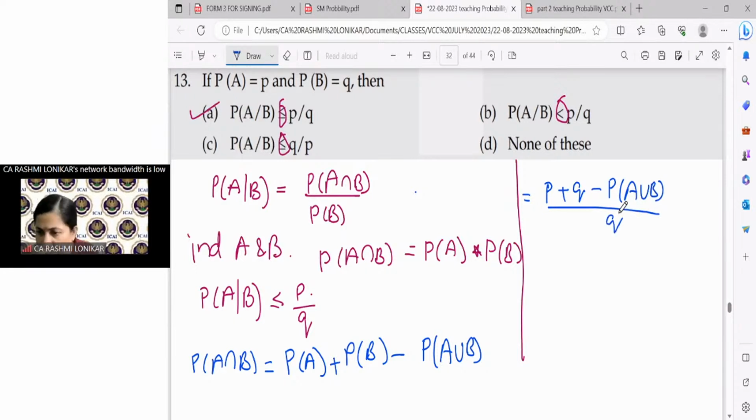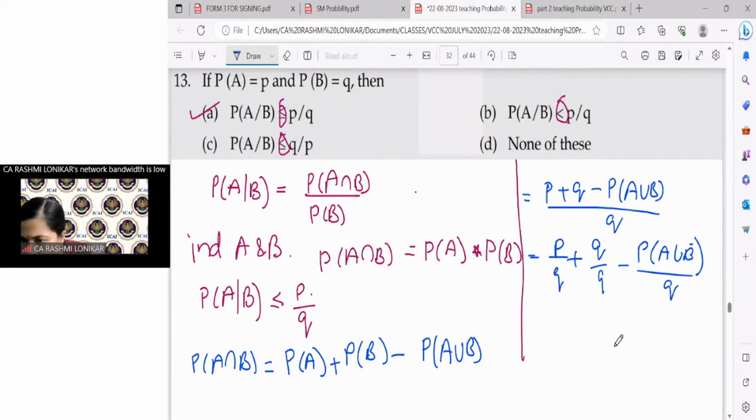Okay. So, what do I have here? This is equal to P upon Q plus Q upon Q minus P of A union B upon Q. So this is equal to P upon Q plus 1 minus a fraction. Okay.